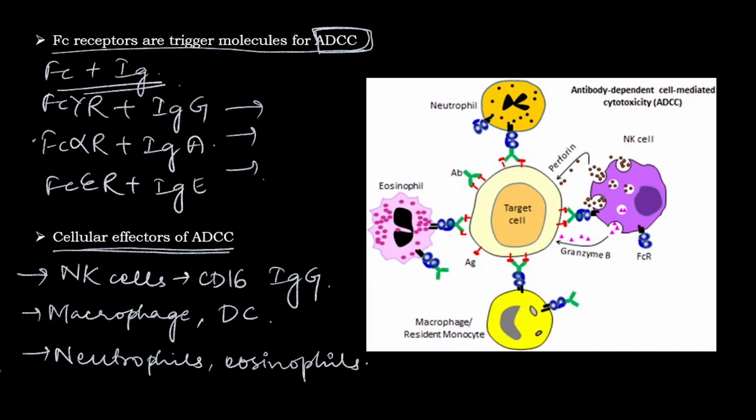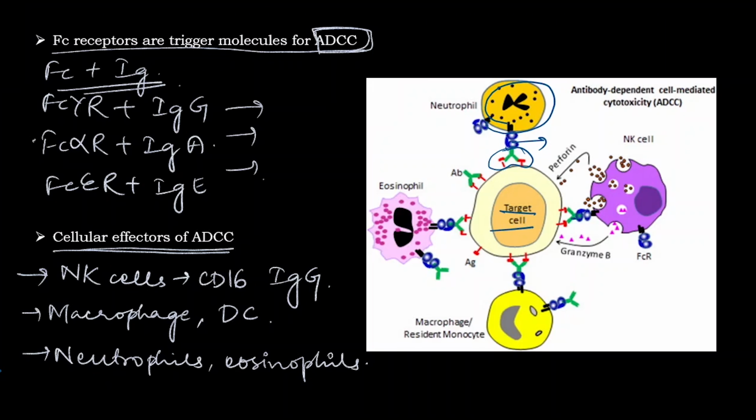Suppose this is the target cell, and it is expressing its epitope. The antibody is recognizing it. After recognition, that antibody's Fc region will interact with the receptor of the neutrophil. Again, the same is happening with the NK cell.